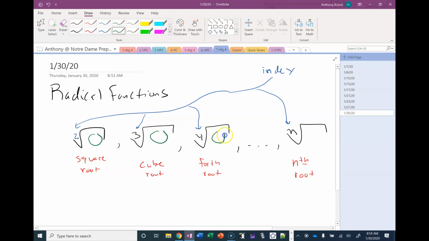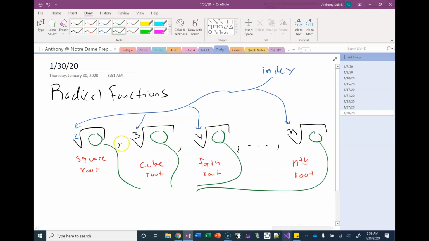So the number that's underneath the radical, this number is called the radicand. And then when we talk about this n here, there is a restriction on n.